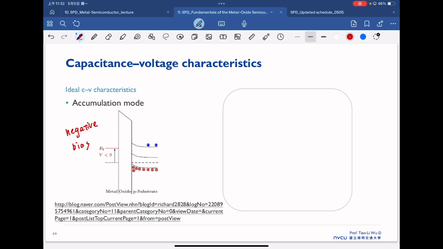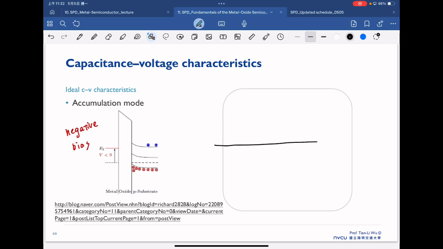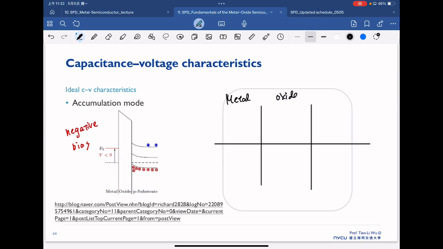In this case, if you plot the charge distribution between the metal, oxide, and P substrate, because we apply a negative gate bias, we have negative charge accumulating here.